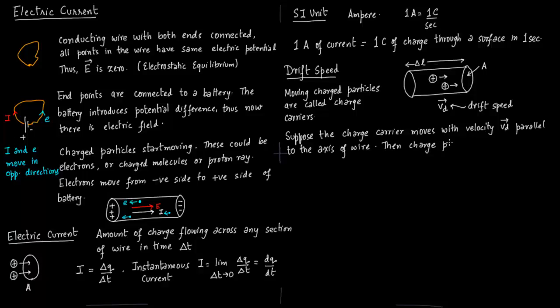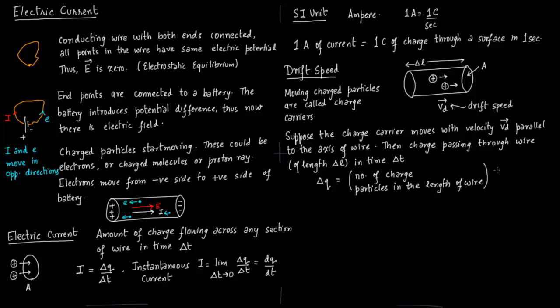Then the charge passing through length delta L in small time delta t is given as delta Q equal to the number of charged particles times the charge they are carrying.